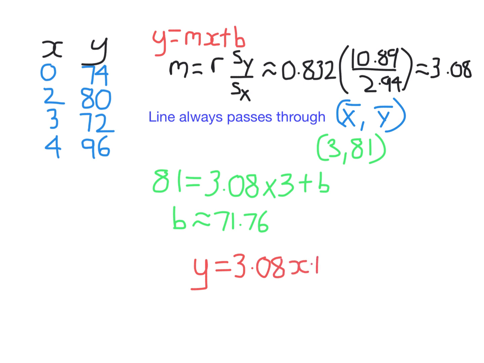Now again, we have to be careful. This was done using only 4 observations, which isn't really good for any sort of statistical test, including a regression. But let's now look at making predictions using this equation.